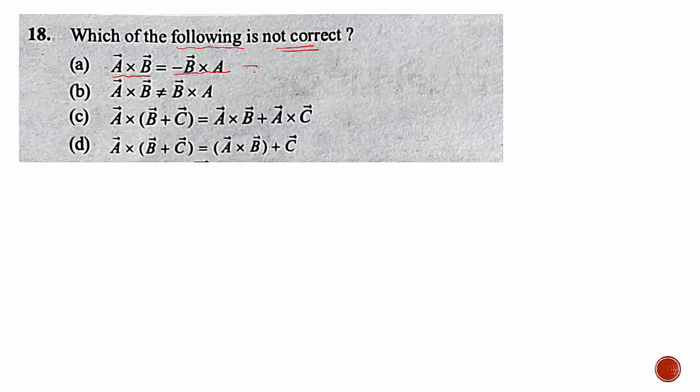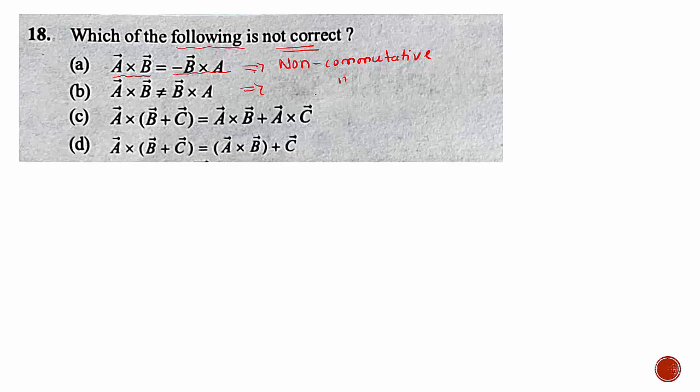Dot product will follow the commutative property, but cross product will not, or we can say it is non-commutative. Yes, this is right. Second one, vector A cross vector B is not equal to vector B cross vector A. Yes, this is also right because this is again non-commutative.